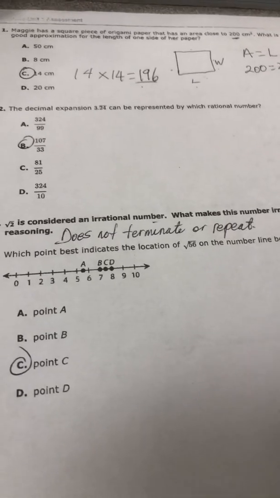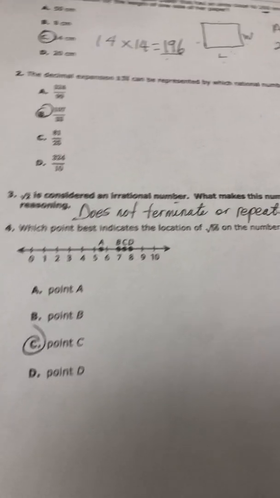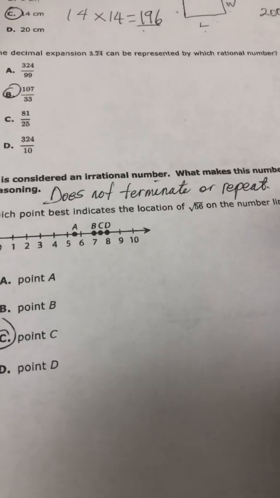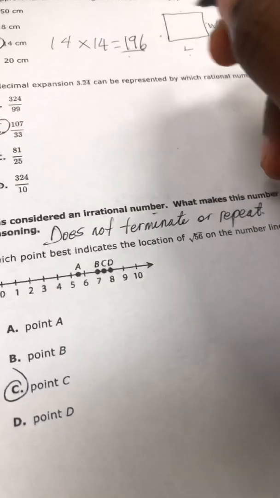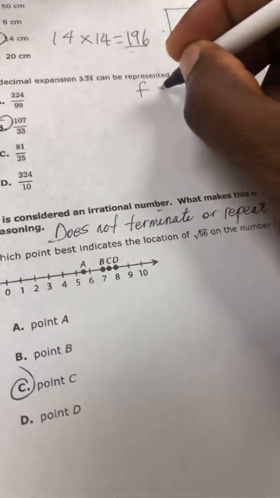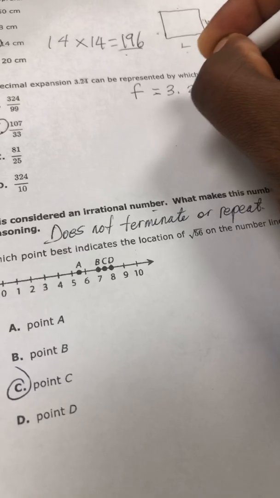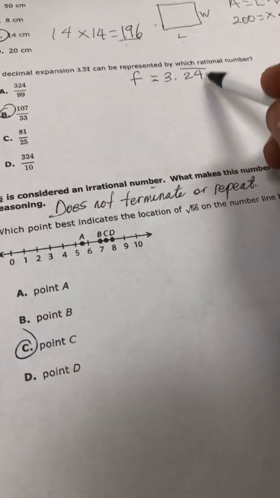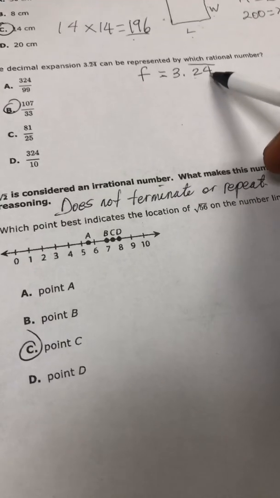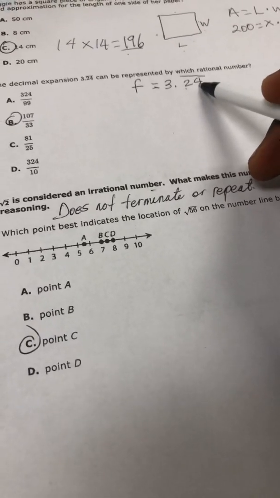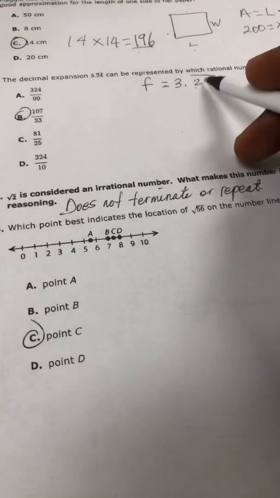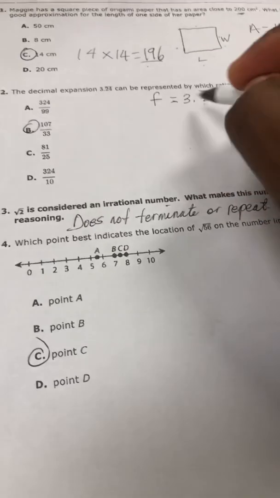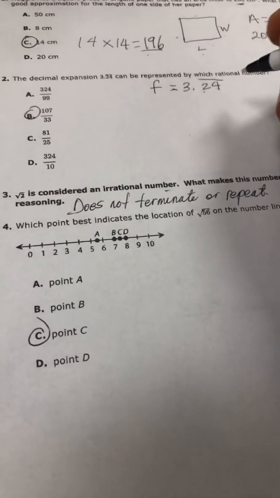Remember when we were doing this in class, when you're turning repeating decimals into fractions, you can say the fraction f equals 3.24 repeating, and the number of digits that are repeating is the amount you're going to multiply both equations by. There are 2 digits repeating, so I'm going to multiply both equations by 100 because you're using the power of 10.